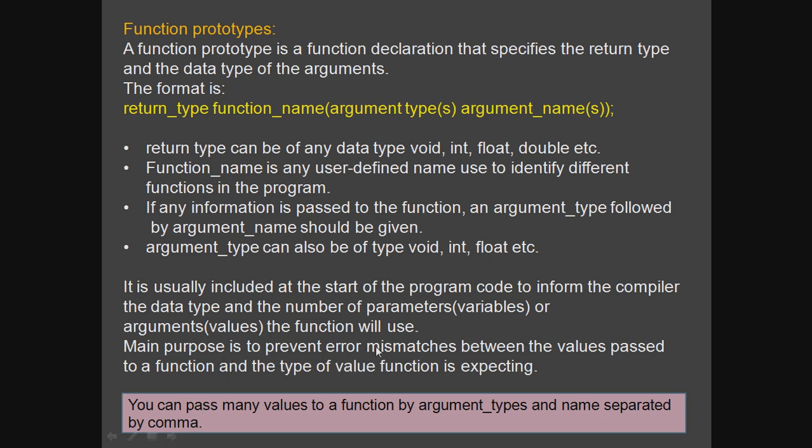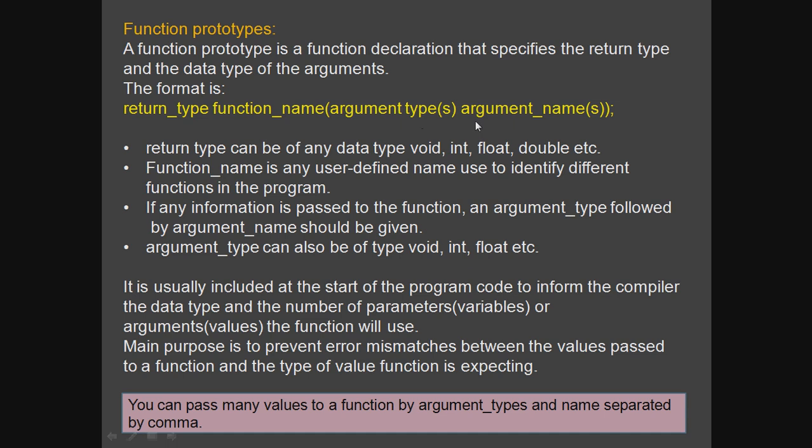Later on you will know that this happens when we use the calling function and the called function. Depending on the function prototype, the calling function and called function names are the same, the return type is also the same, and any argument types or parameter types and names will also be the same.